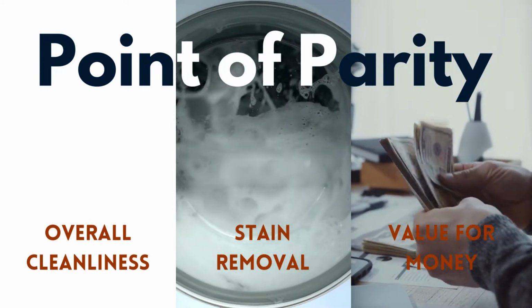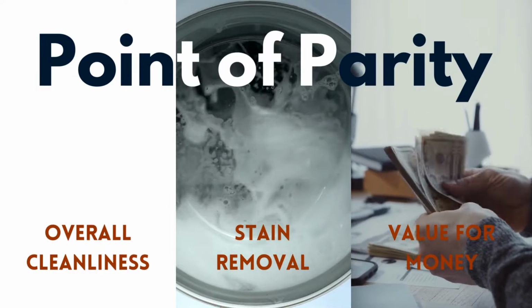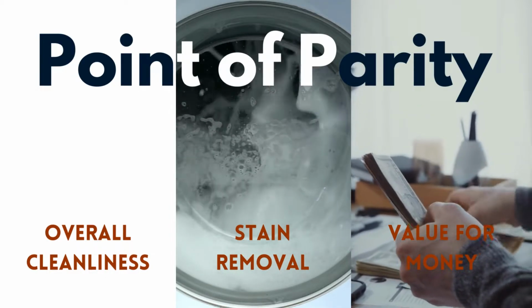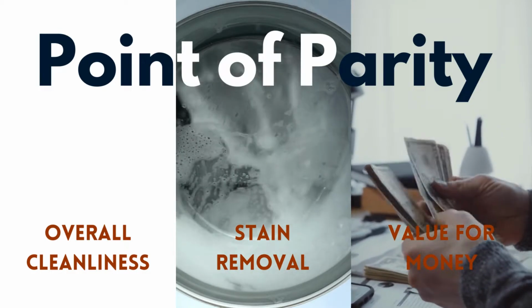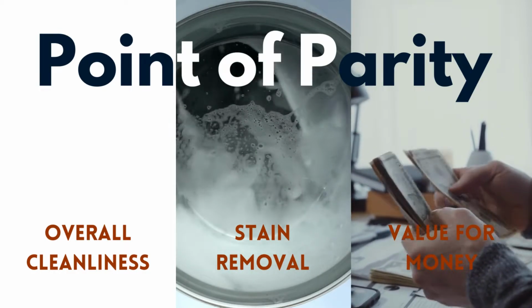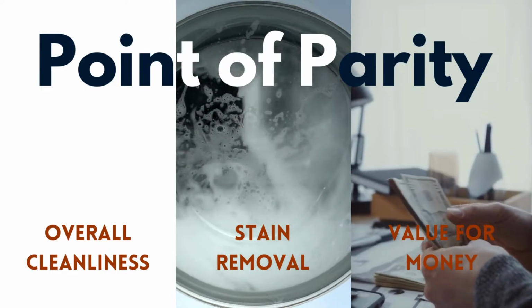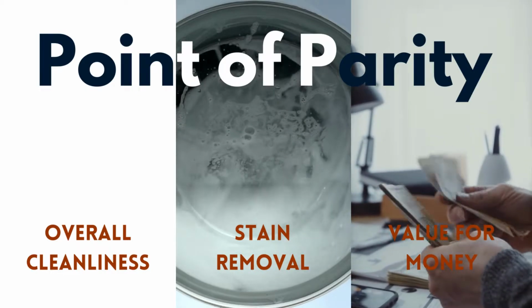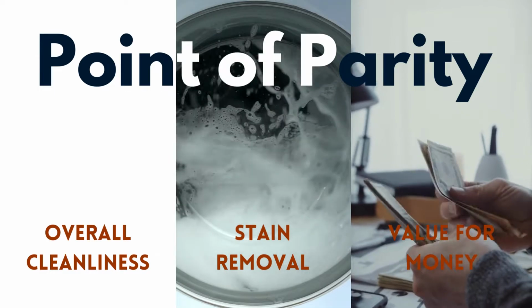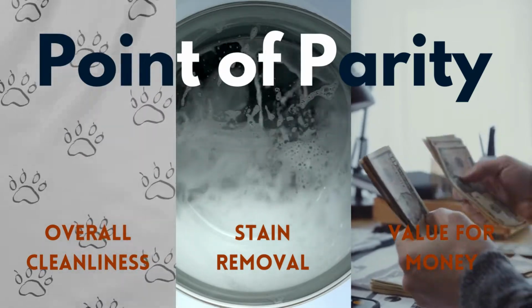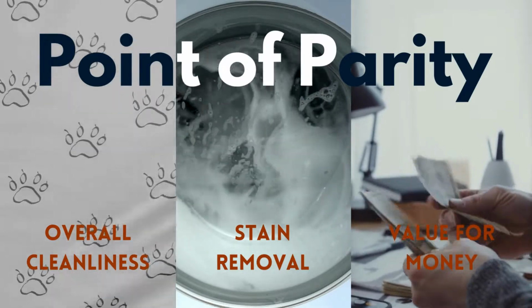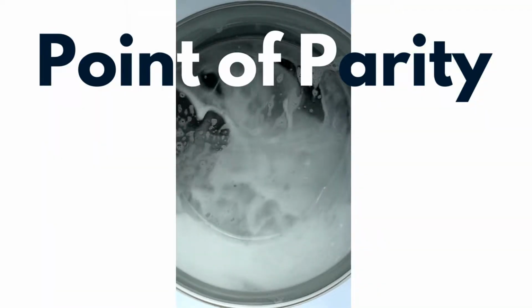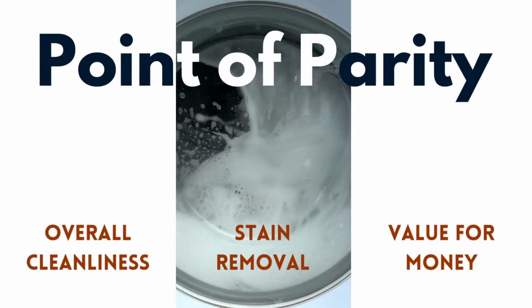Then we move to the price. Both provide value for performance, but Rin is cheaper than Tide because Tide provides more fragrance and more costume design. Then let's move to stain removal. Stain removal has become popular in all the brands due to technology development.